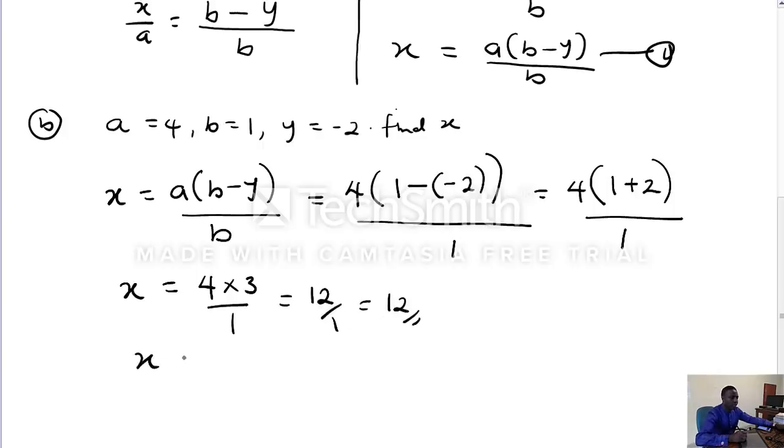So our value of x is equal to 12, given a, b, and y.